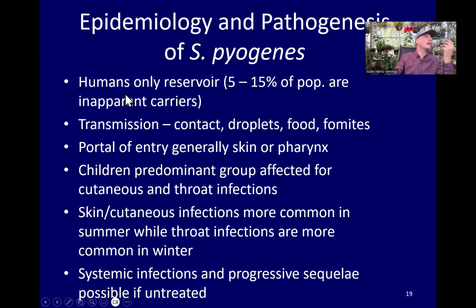However, it still is found in the throat of people, and that's how it gets around. Contact is through lip smacking with direct contact, droplets through breathing, sneezing, talking, and through preparing food and through object contact.